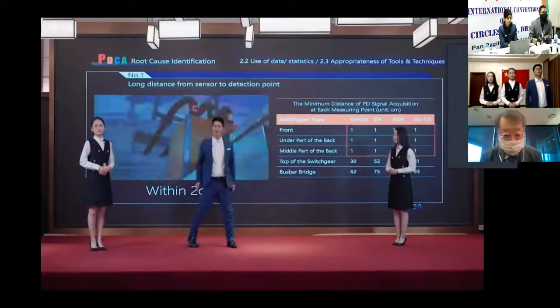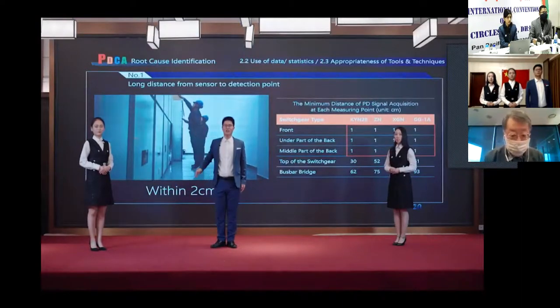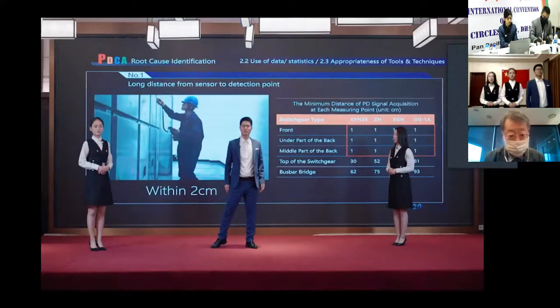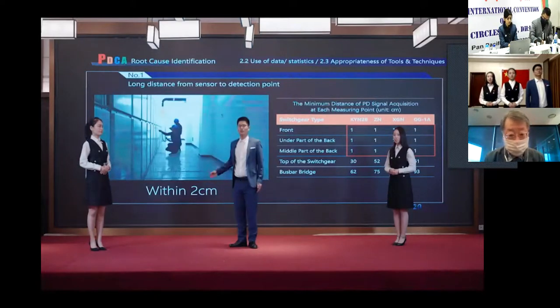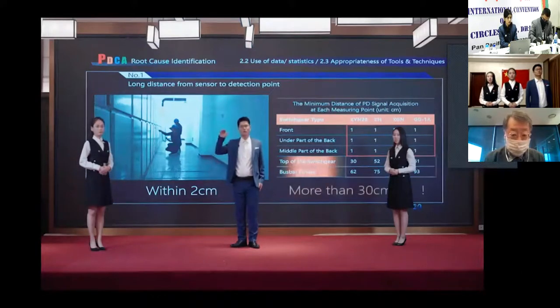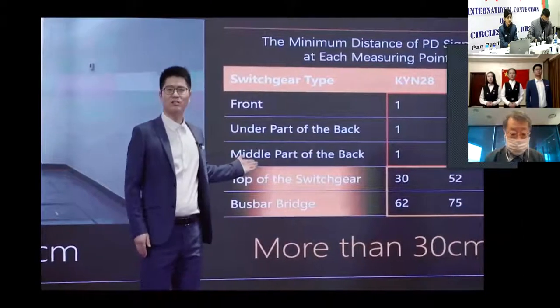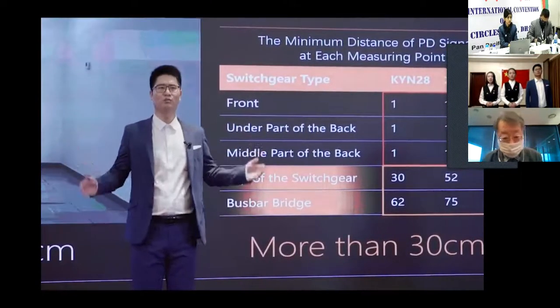Number 1, long distance from sensor to detection point. According to detection standards, the distance should be within 2 centimeters. However, when detecting the top-off switchgear and busbar bridge, the distance is usually greater than 30 centimeters. It's too long.